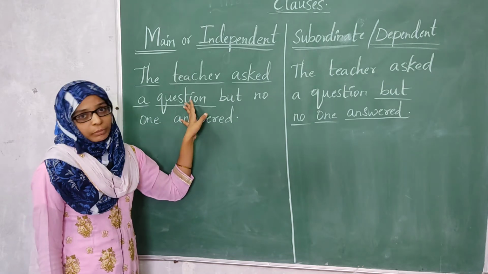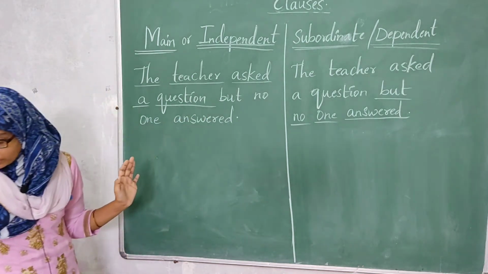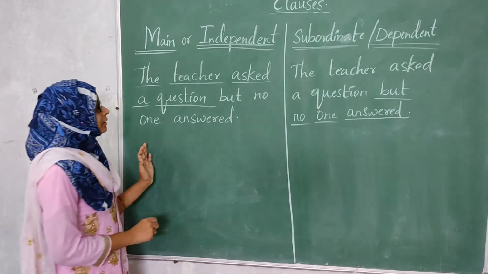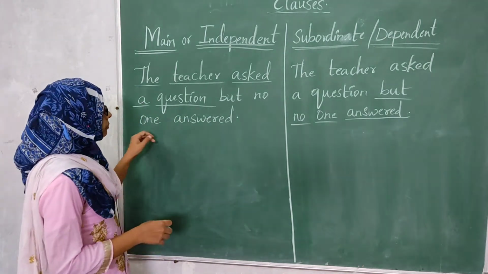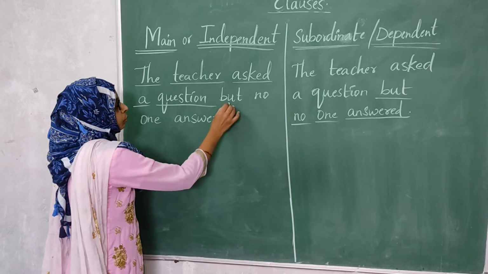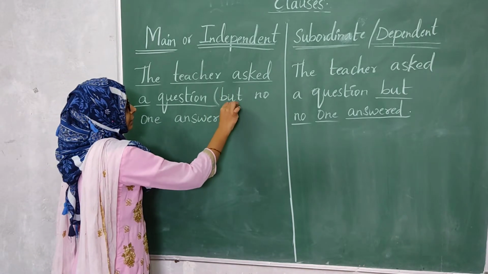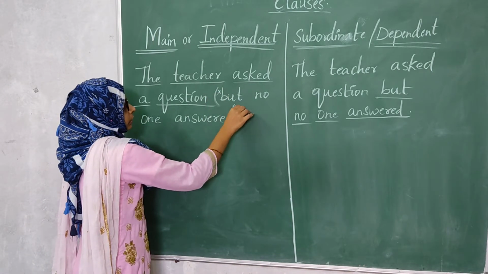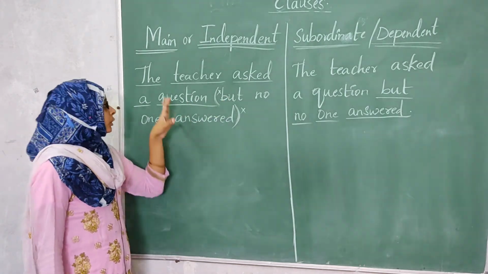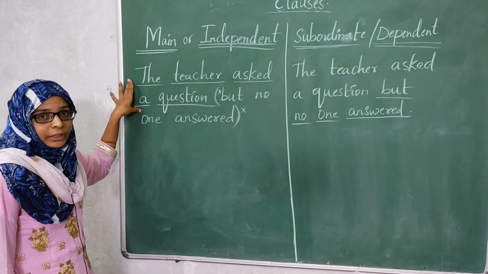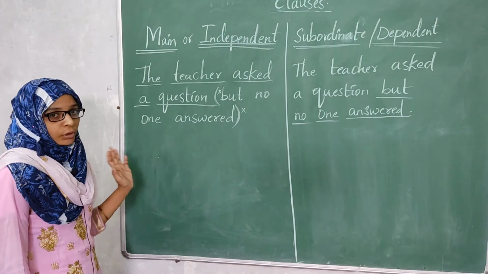You are getting the complete meaning through this, isn't it? You are understanding that the teacher is asking you a question. So let us remove this. If we remove this, but no one answered, okay? Let us not consider this. Even though it is removed, it is giving the full meaning that the teacher asked a question.